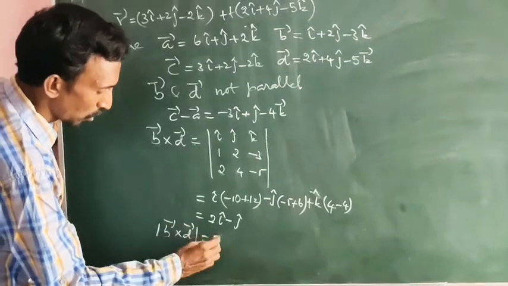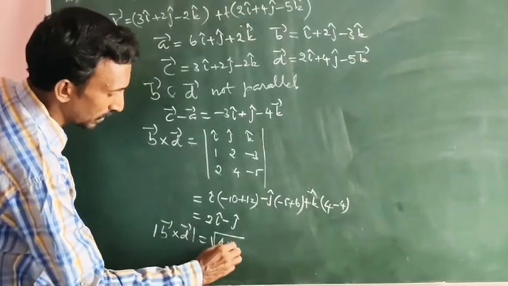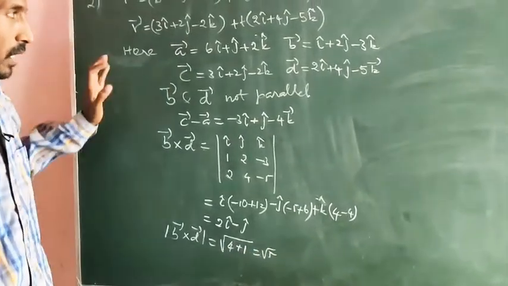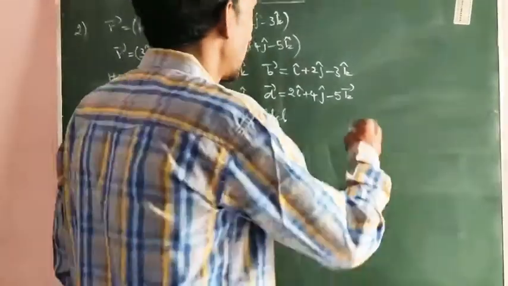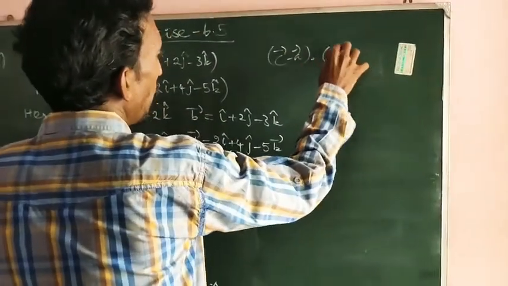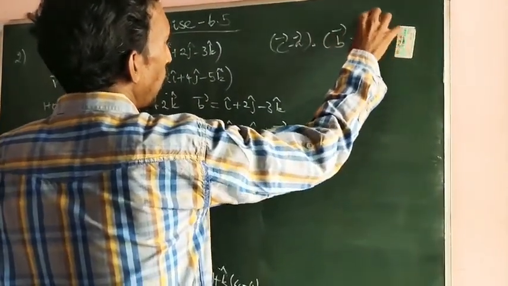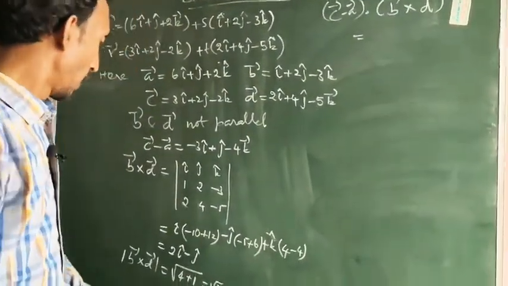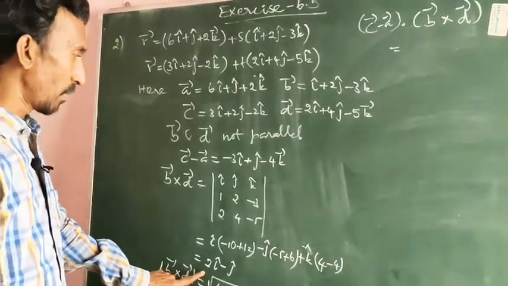Okay, so root of 4 plus 1, root 5. Now check the condition of intersection. So c minus a dot b cross d. Check what is the value of c minus a dot b cross d. B cross d is 2i minus j.